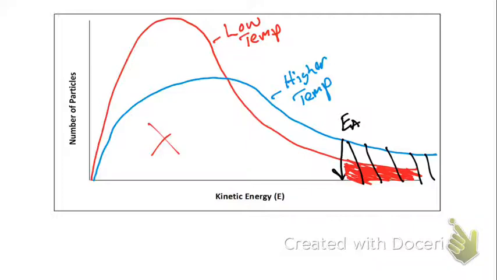And so again, the Maxwell-Boltzmann distribution curve explains the second factor of increasing the temperature, which again states that as the temperature increases, there's going to be a greater percentage or a greater number of molecules that have kinetic energies at or above the activation barrier. And so there will be more molecules there in order to react.